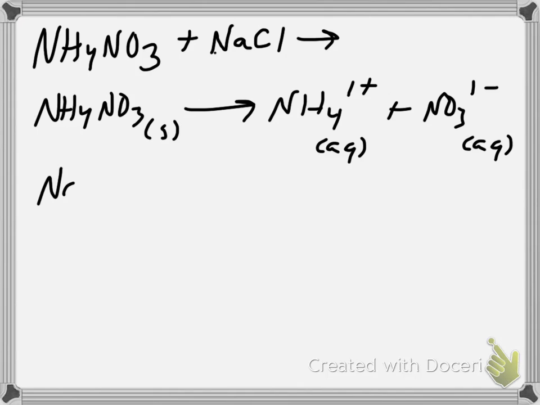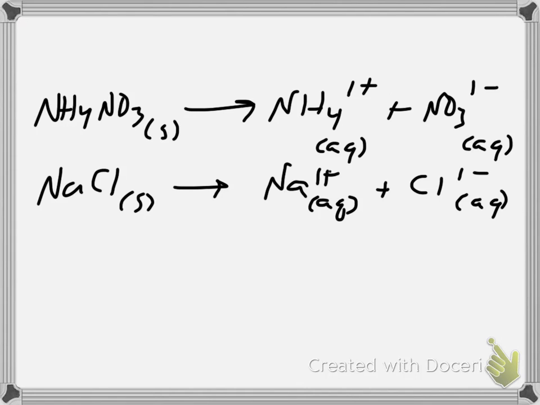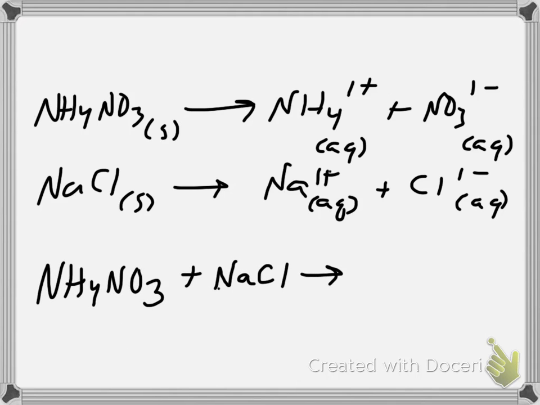And then sodium chloride, which, you know, geez Louise, haven't we done enough with sodium chloride? Well, it's pretty common stuff, it's around a lot. Na 1 plus, aqueous, plus chloride 1 minus, also in aqueous solution. So now, if we're going to predict products for a double replacement reaction between these things, I'm actually just going to move this down here.